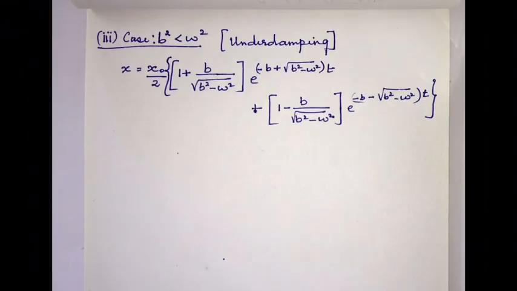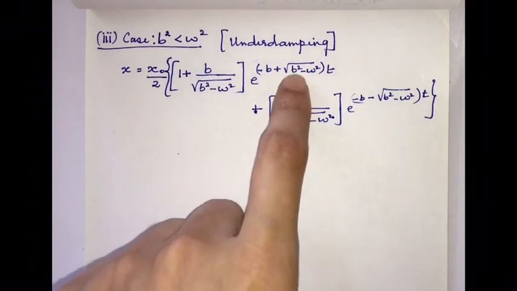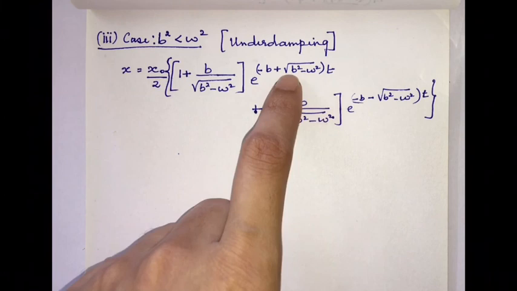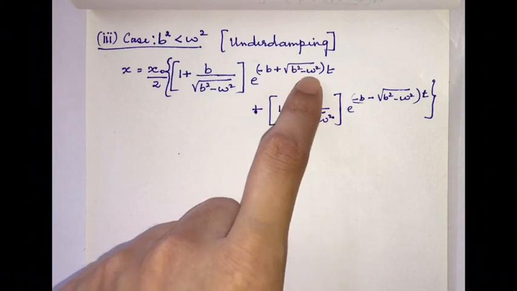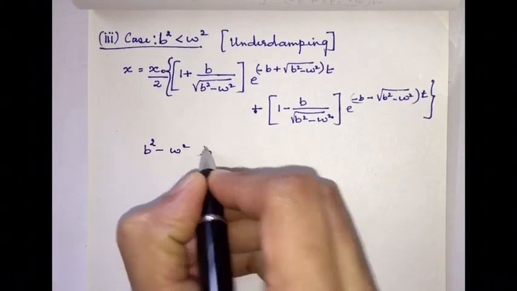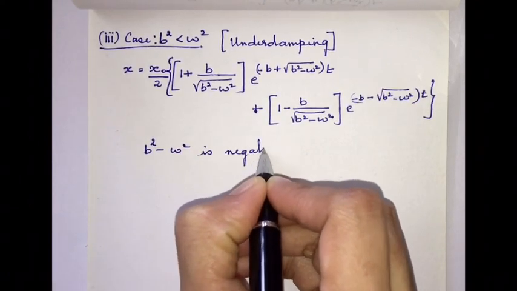The third case is when b square is less than omega square. So if we go back to the general solution for damped oscillations, we observe that the exponential part has square root of b square minus omega square. If b square becomes less than omega square, b square minus omega square is a negative number.